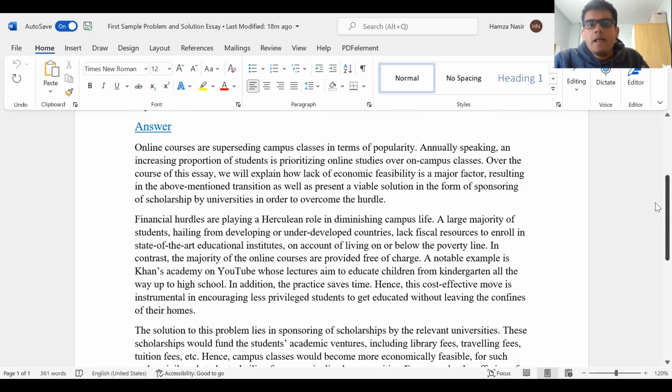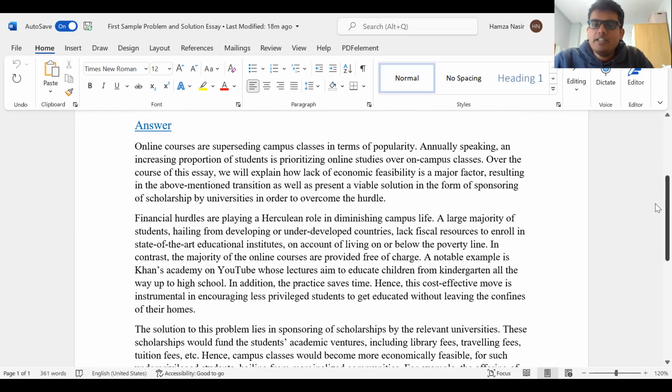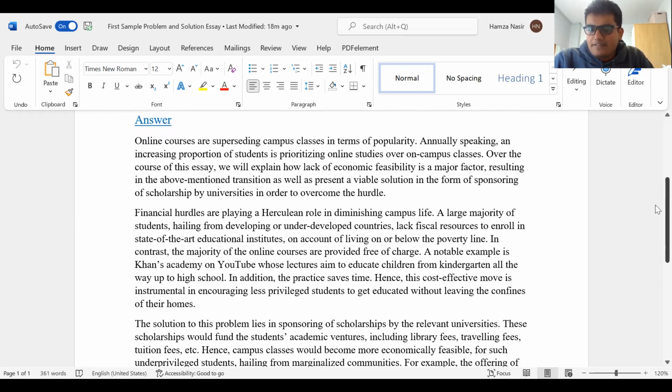Second paragraph. Financial hurdles are playing a Herculean role in diminishing campus life. A large majority of students hailing from developing or underdeveloped countries lack fiscal resources to enroll in state-of-the-art educational institutes on account of living on or below the poverty line. In contrast, the majority of the online courses are provided free of charge.